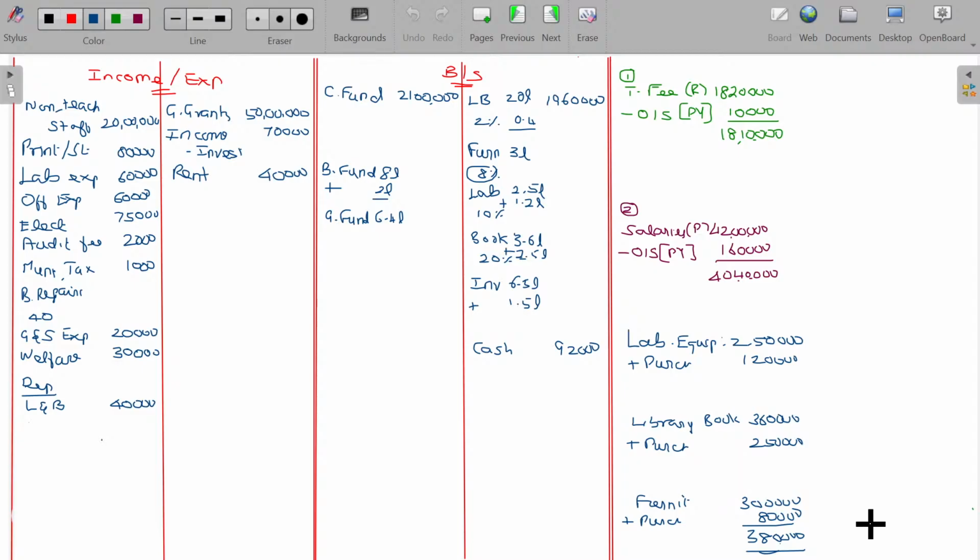If the date is missing, you can assume it is eligible for the full year's depreciation, as if the asset was purchased on day one itself. Or you can assume it was purchased at the end, so we don't need to claim the depreciation. Or we assume an arbitrary value, probably half of the year, so you can calculate half year's depreciation. Whatever method you follow, just give the hint and proceed.